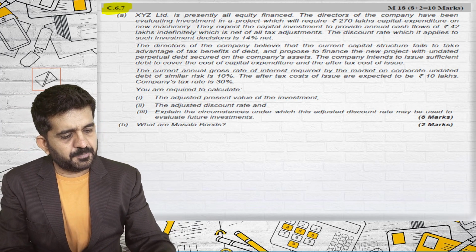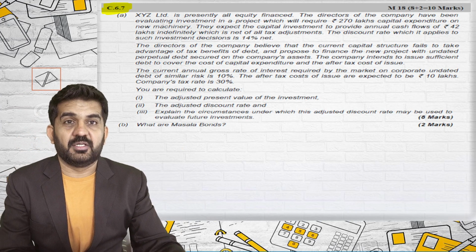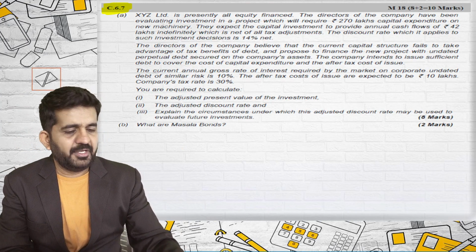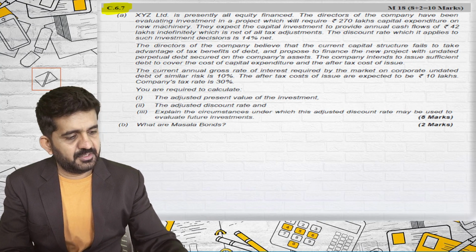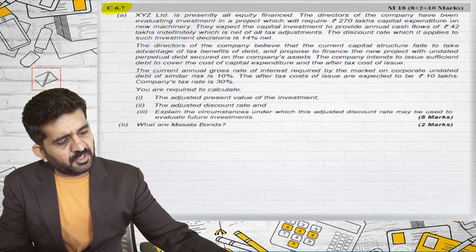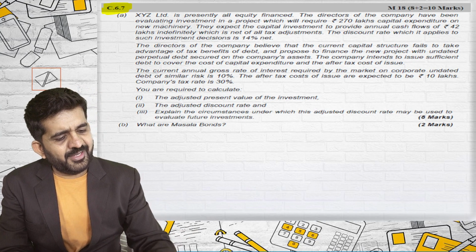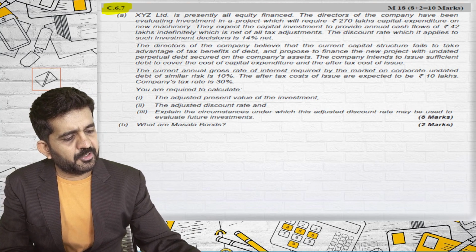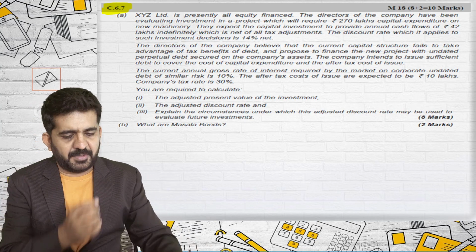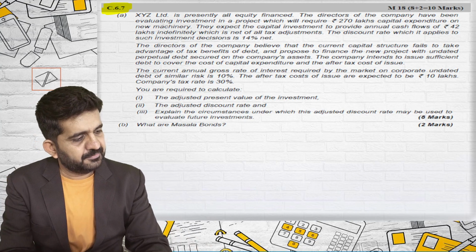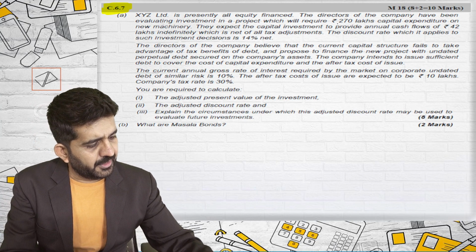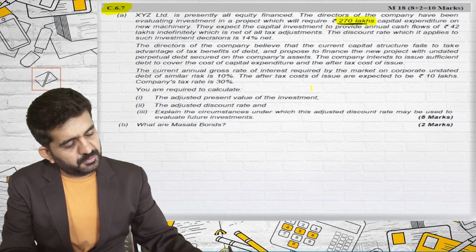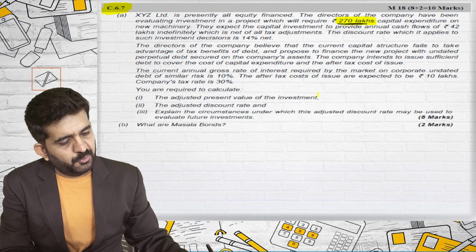XYZ Limited is presently all equity financed. You are doing cost of capital and capital structure. It is 100% equity financed. The directors of the company have been evaluating an investment in a project which will require 270 lakhs capital expenditure on new machinery. So cash outflow will be 270 lakhs on new machinery.